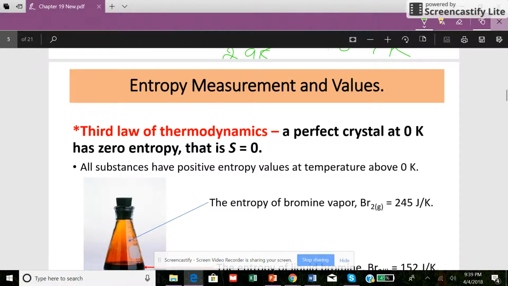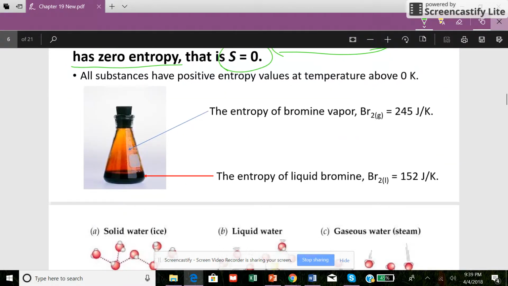It says this: a perfect crystal, which can be an element or a compound, at 0 Kelvin will always have zero entropy, meaning that S is equal to 0. And then for the entropy, if you look over here, we have bromine. Bromine has a brown color.